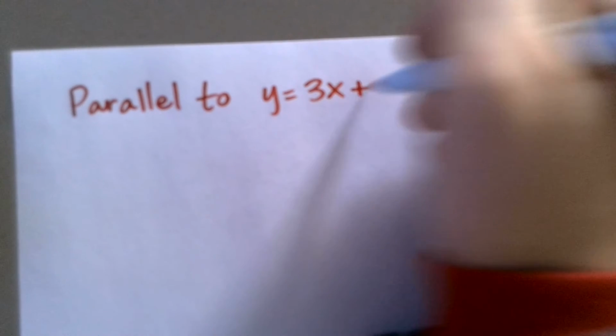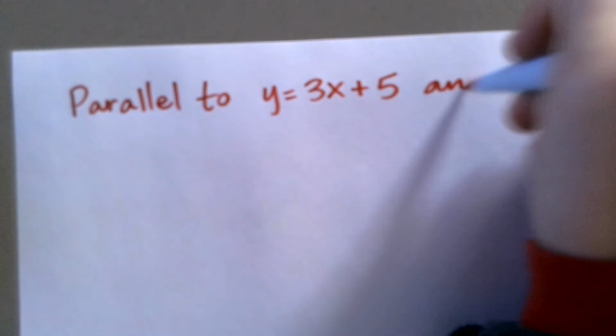So let's just try a few more since we've got about 5 minutes. Let's go. We'll write a few equations. So write an equation that is parallel to, let's say, and goes through.